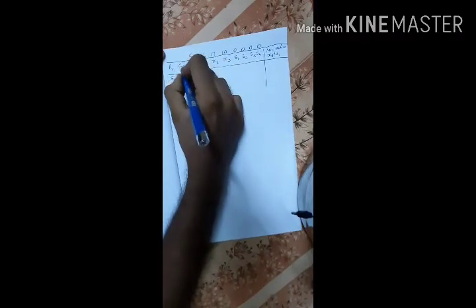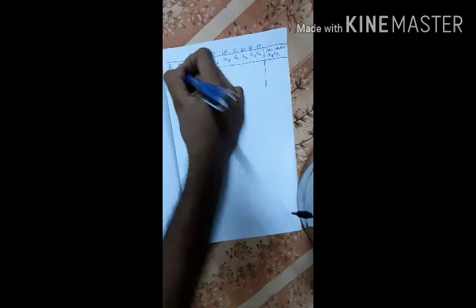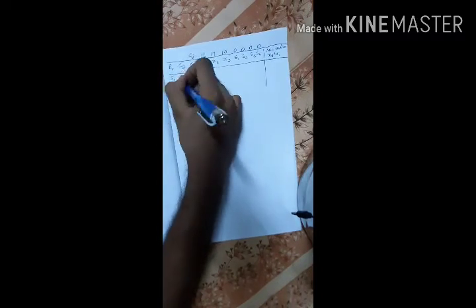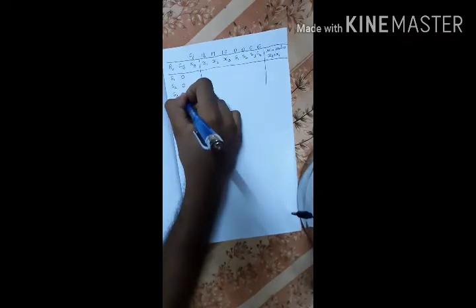So next is CB. The coefficient of the basic variable S1 is 0. Coefficient of S2 is 0. Coefficient of S3 is 0. Coefficient of S4 is 0.